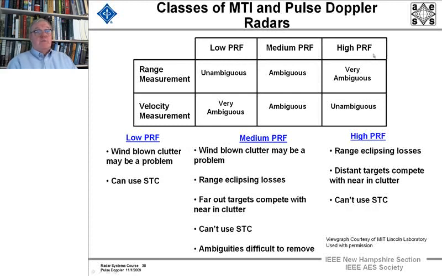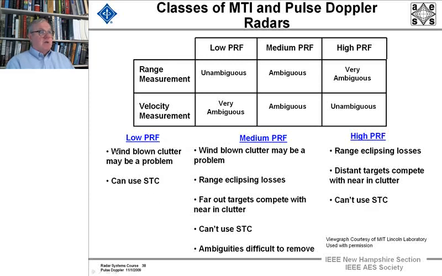A high PRF radar would be one classified as unambiguous in velocity measurement, but very ambiguous in range. And medium PRF would be ambiguous in both range and velocity. When we talk about these different classes of radars, they bring up different issues that constrain our use of waveforms or give us difficulty in dealing with different problems in the radar design.